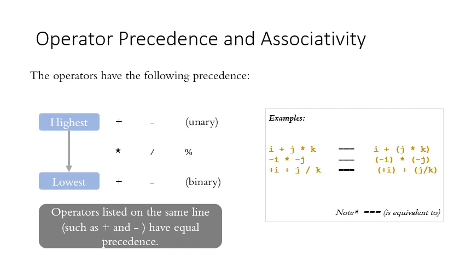Lastly, we have positive i plus j divided by k. The unary operators have the highest precedence, so we group positive i first, and the division operator has higher precedence than the addition operator, so we group j divided by k first.